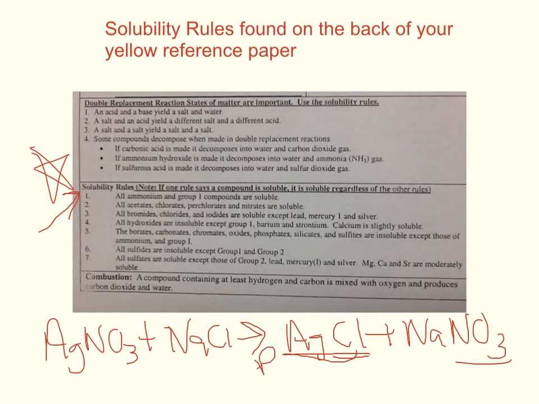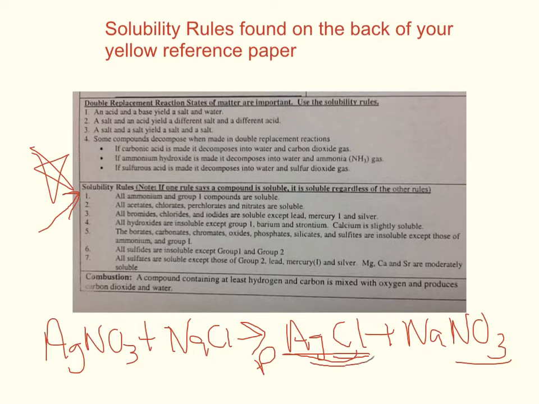Now if you look at NaNO3, nitrates, I skim down and I see number 2. Number 2 says all acetates, chlorates, perchlorates, and nitrates are soluble. That means it's going to dissolve, so we won't see that. It'll be in the solution. But we will see AgCl.